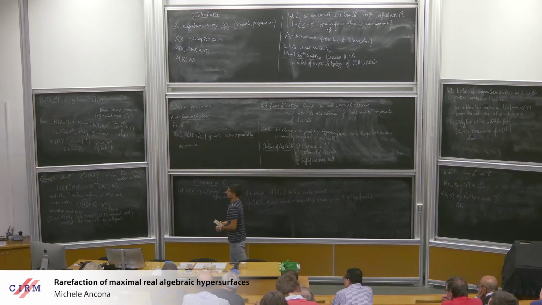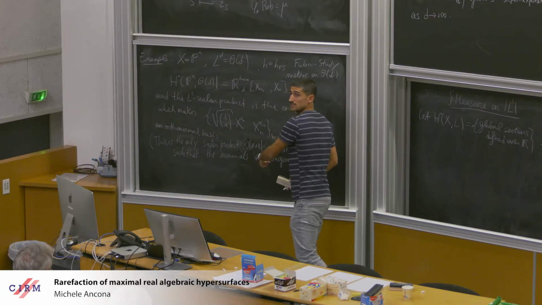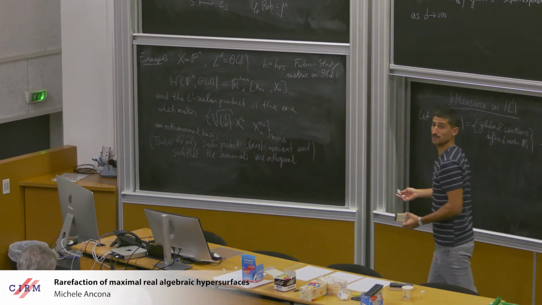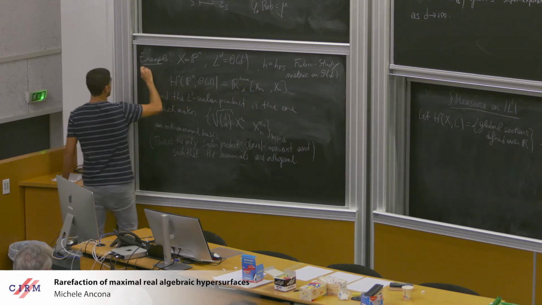And these random polynomials with respect to this scalar product are called Kostlan polynomials. So this is sometimes called the Kostlan ensemble.